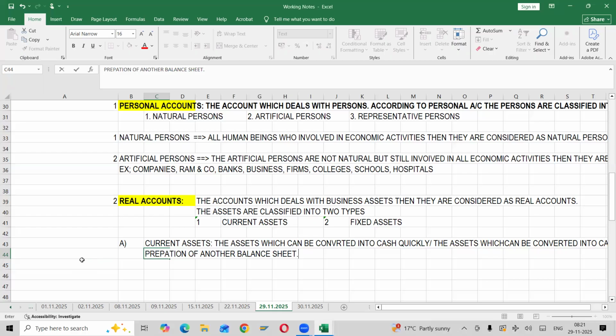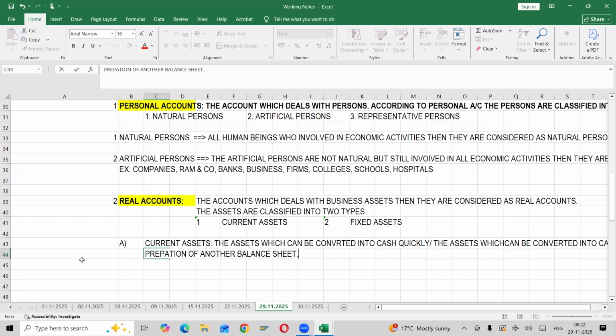Most American companies follow Jan to December. Most Indian companies follow April to March. Most Australian companies follow July to June. A few European countries follow October to September. Whatever may be the financial year.